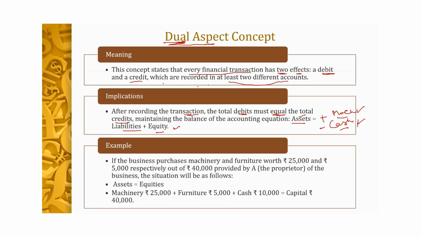Let's see an example. If a business purchases machinery and furniture of rupees 25,000 and 5,000 respectively out of 40,000, which is the capital provided by the proprietor.